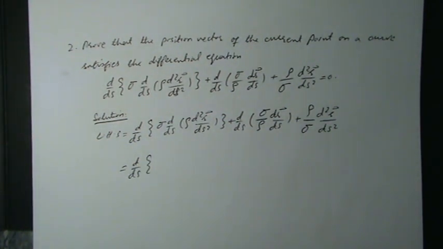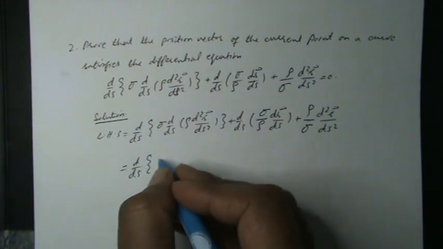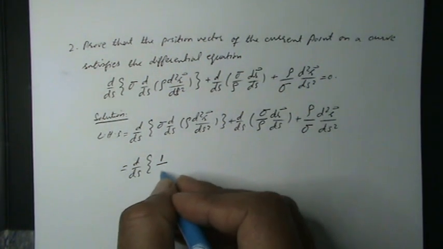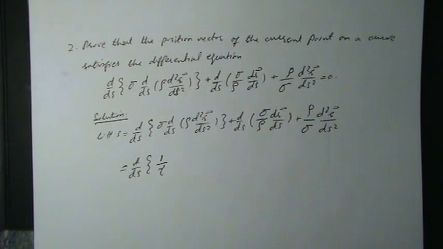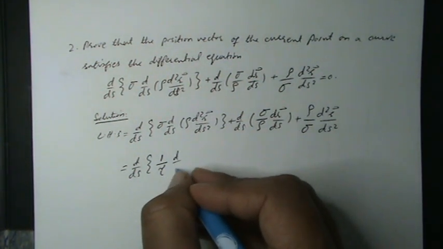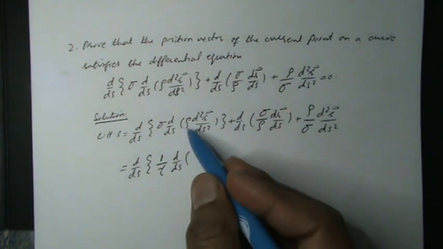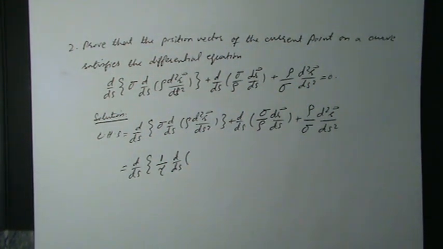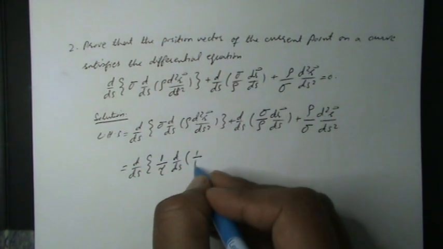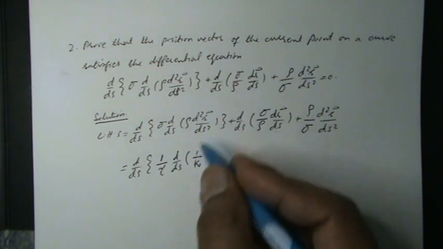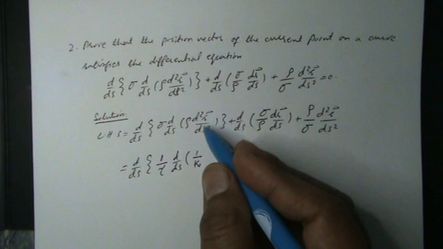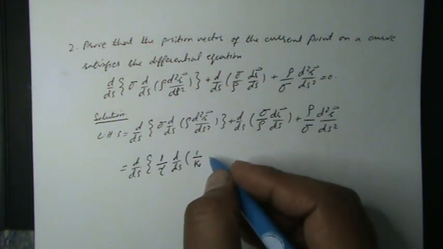We know that sigma is equal to 1 over tau, and we know that rho is equal to 1 over kappa.